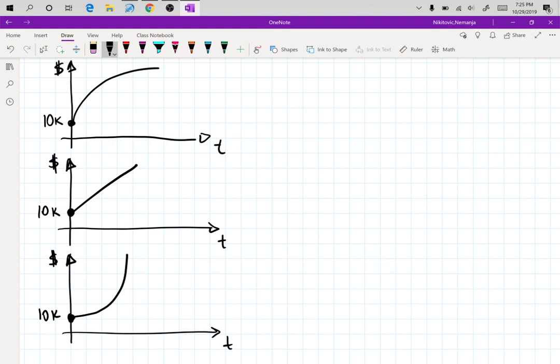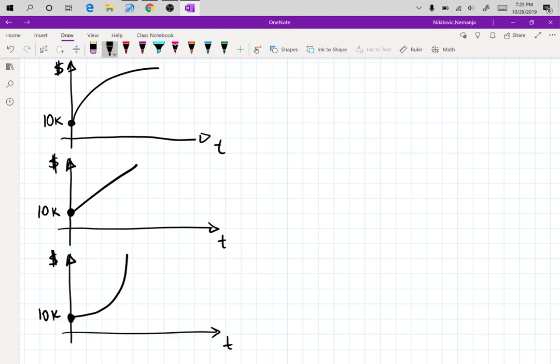Number 3 is the best. Now why? Well, the first one starts making money quickly, and then it kind of levels off. Linear is always increasing at a steady level, but look at the bottom one.